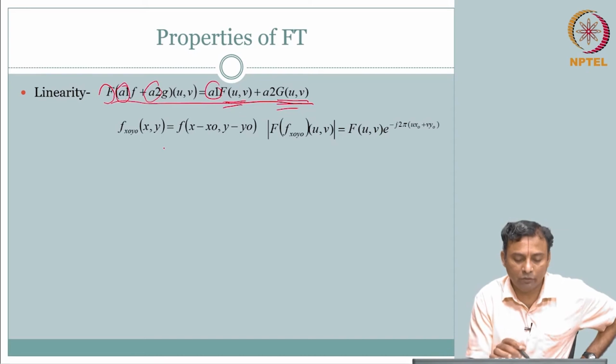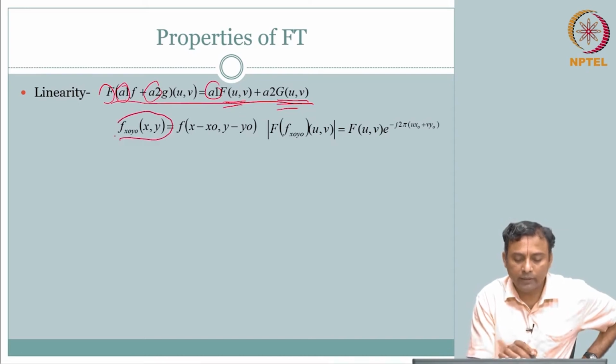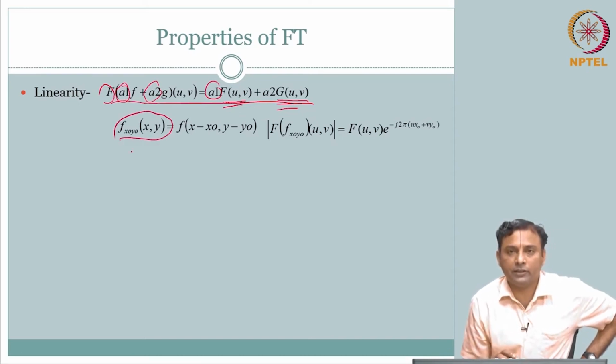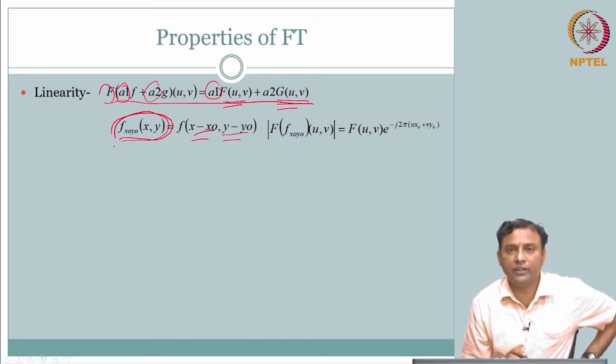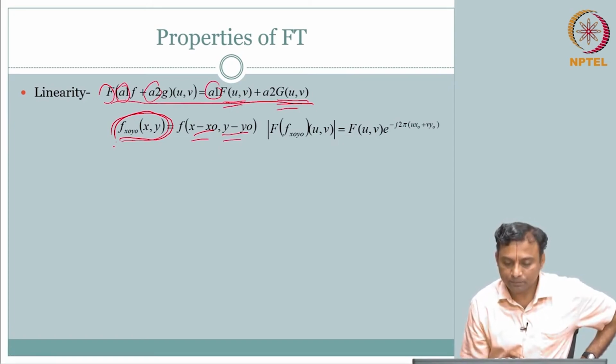Next, similarly, if I have f of x comma y, the Fourier transform is capital F of u comma v. If I shift the signal, so f of x minus x naught, y minus y naught, which is the shifted signal, shifted in the spatial domain by x naught and y naught in their respective axes, then what do I get?